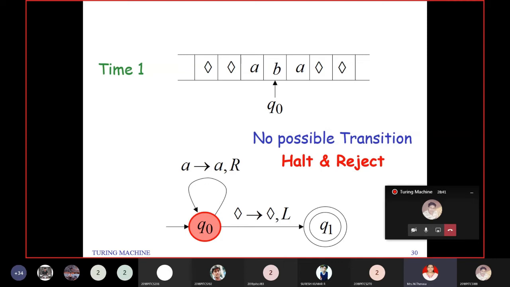So the machine cannot move further. Here the machine gets stuck at Q naught, but Q naught is not a final state. So your machine halts and announces the rejection.